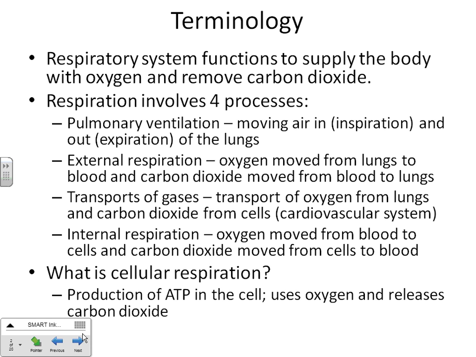Okay? The other 2 parts that we need to have occur for respiration to happen is not really the respiratory system doing it. It's the cardiovascular system, the blood. Once we get the oxygen into our blood, we got to transport it through our blood to where we need it. Right?